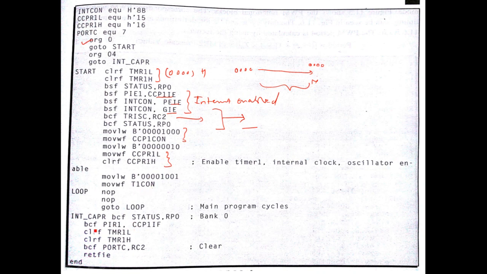And again in the interrupt routine, as we have seen, you have to reset the flag, restart the timer, and clear the output bit. So if the output bit is set here, then it will be cleared in the ISR. You can compare these instructions with the flowchart.